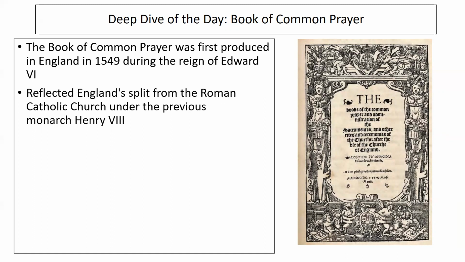So when Henry did that, technically he turned England into a Protestant nation, but really all he did was say, okay, everything's pretty much the same, but instead of the Pope, we've got me.